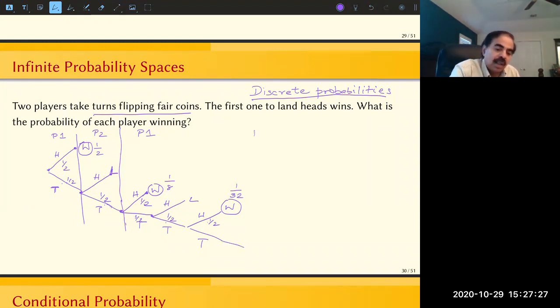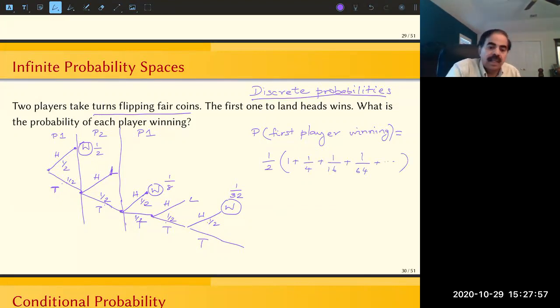And so the probability of the first player winning equals 1/2 times (1 plus 1/4 plus 1/16 plus ...), right? And so that is a geometric progression.